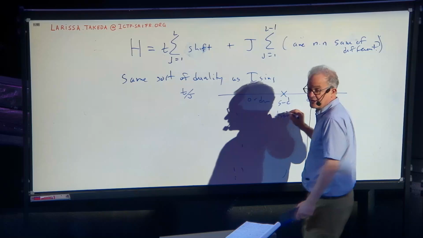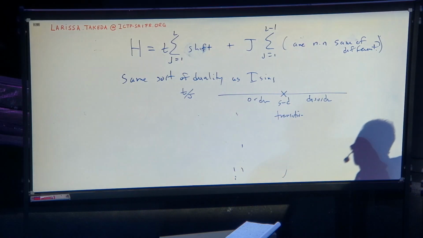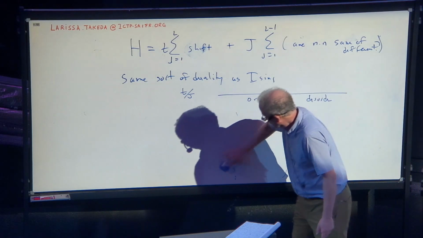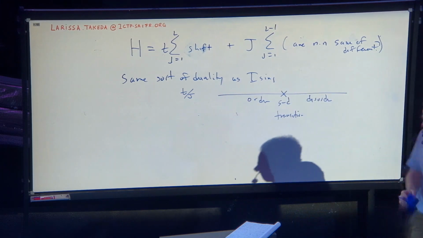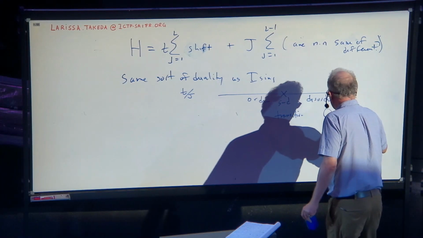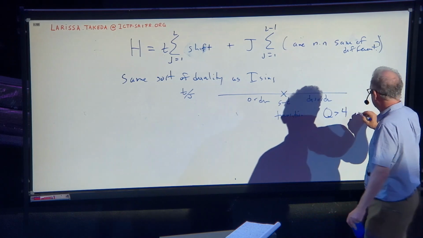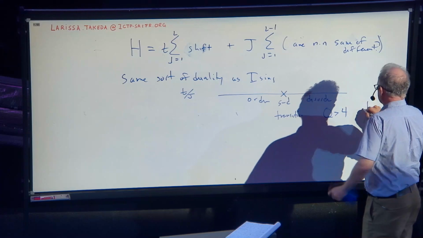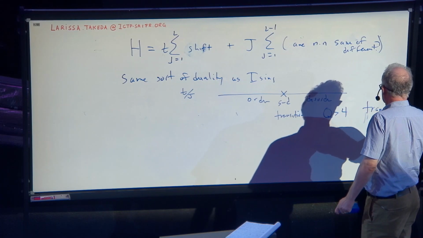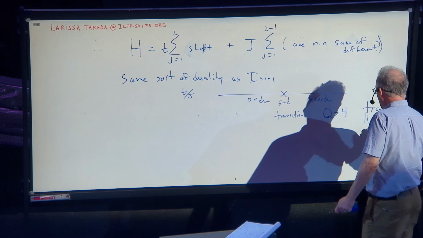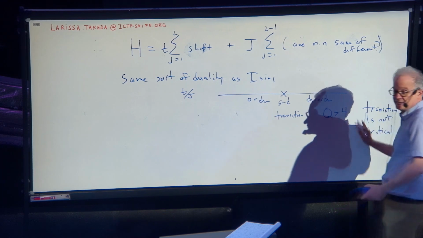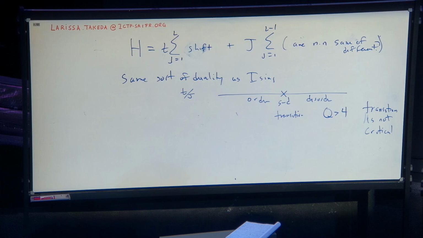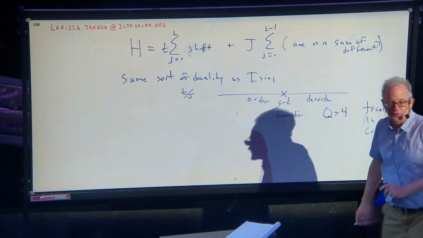So one thing already that's different is you learn, and in fact Temperley and Lieb learned this in their original paper, if Q is greater than 4, it's a first order transition. So none of the things I just said follow automatically. So this is more analysis work, and the model is not free fermion, you really have to work.